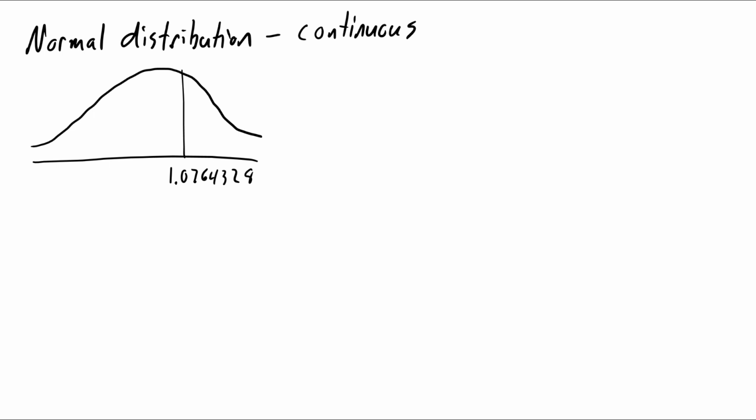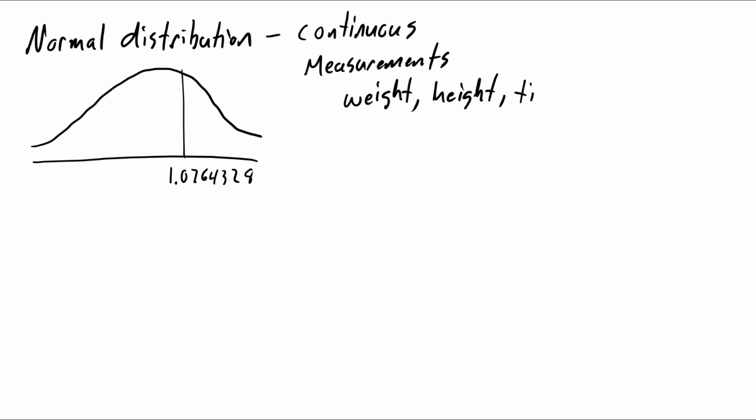The normal distribution is generally made up of measurements. So that is anything that you would need a measurement instrument to measure. So something like weight or height or time or temperature or something like test scores.